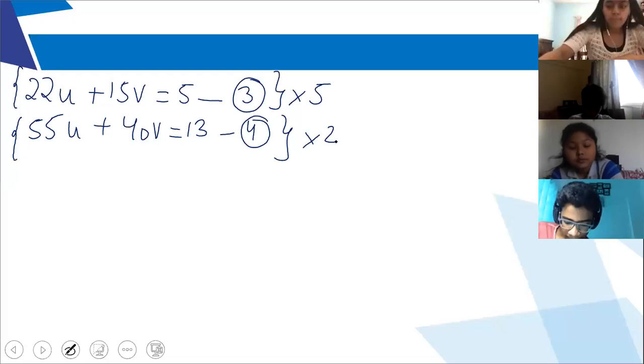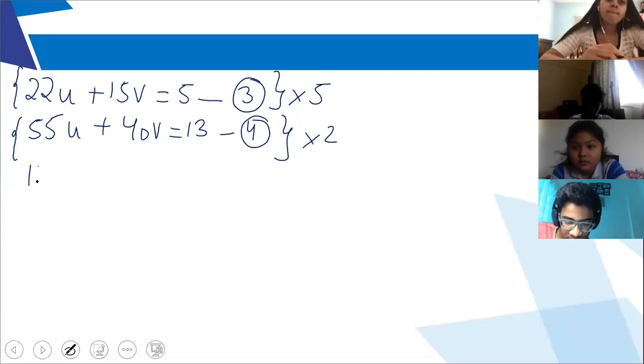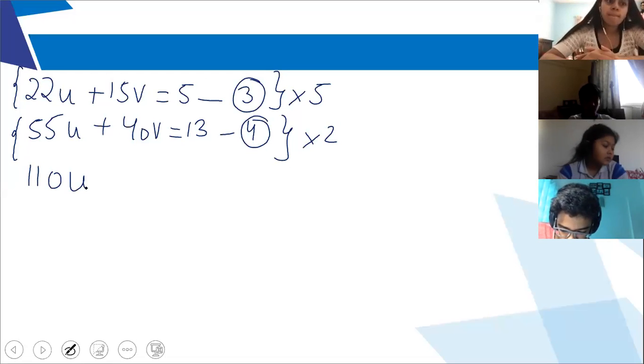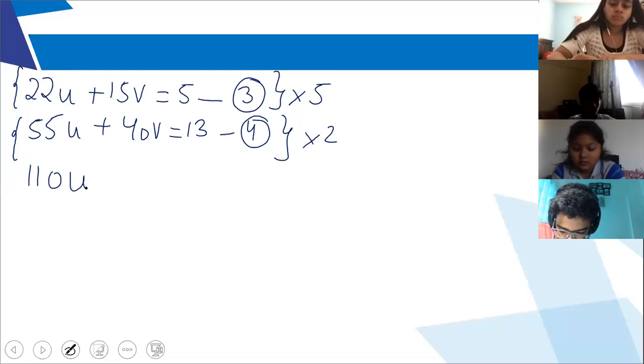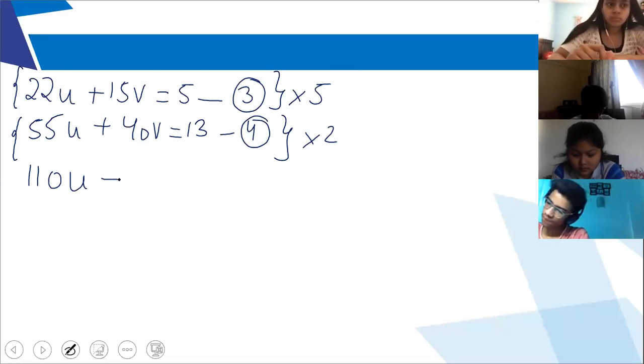Why? Because I want to cancel or eliminate one of the variables. For that I need the u numbers to be the same. 22 and 55 are different. I cannot eliminate like that only.